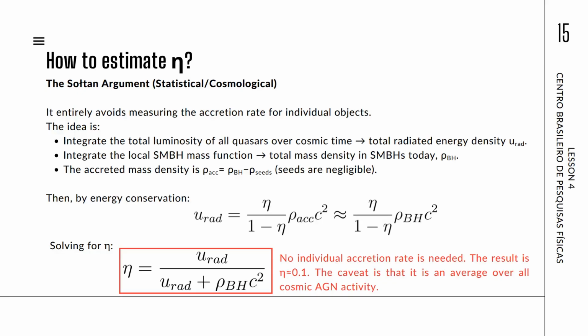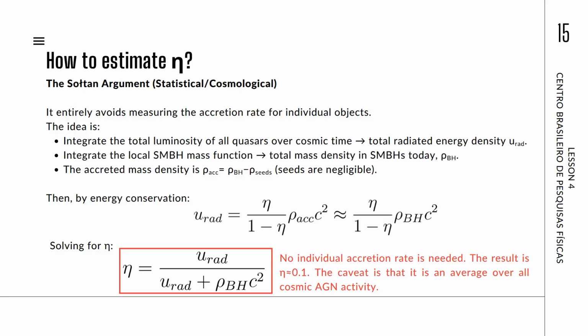However, we assume that the seeds were very small masses, so we basically cut here. By energy conservation, we find this formula for the radiation energy density, and you can finally isolate eta in terms of these quantities.